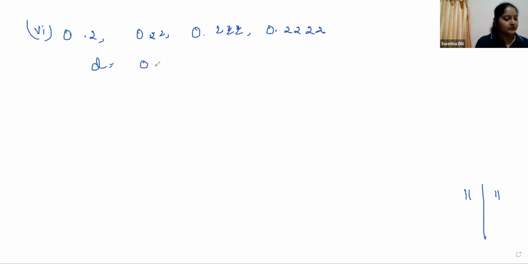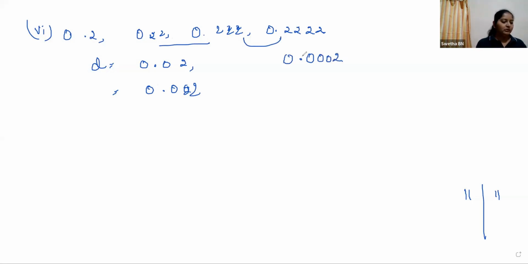So it will be 0.02. The difference between these two is 0.002 and the difference between these two is 0.0002. So d is not constant here. So the series does not form an arithmetic progression.